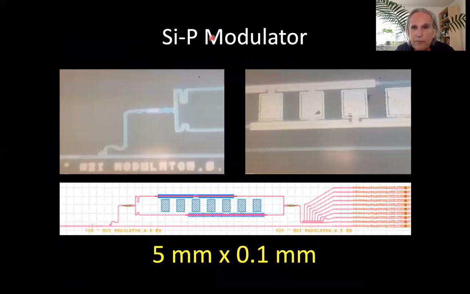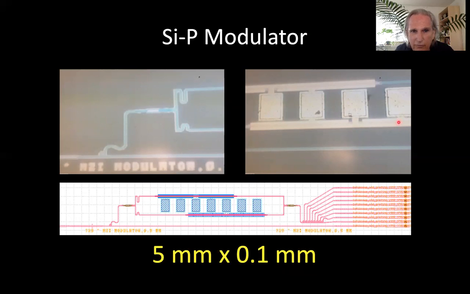This is a SIP modulator. The modulator is rather long, so I wasn't able to capture it with the camera. This is one that we made at the Inter-University Microelectronics Lab in Singapore. This one over here has a very high aspect ratio. This is what the input of the waveguide looks like on an SEM.